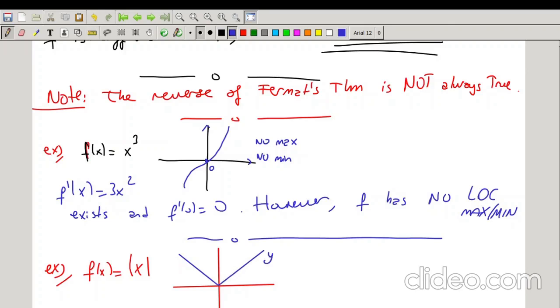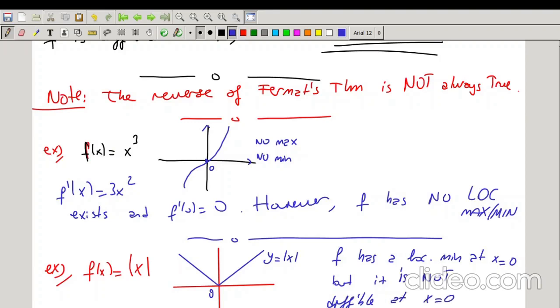So this is y equals absolute value of x, this is 0, and in that case this is also a good example. In that way, f has a local minimum at the point x equals 0, but it is not differentiable at x equals 0.